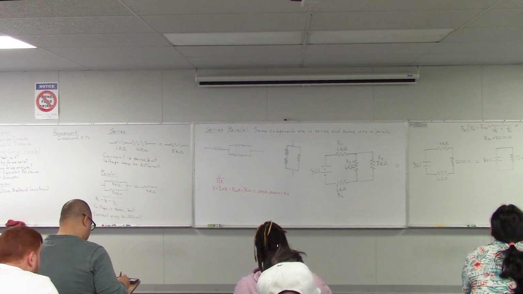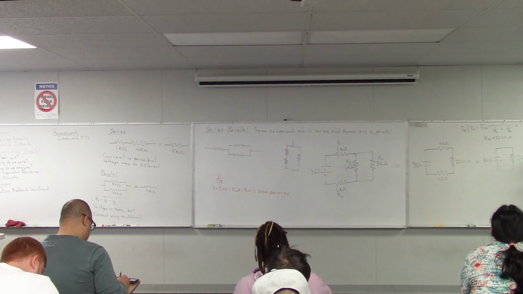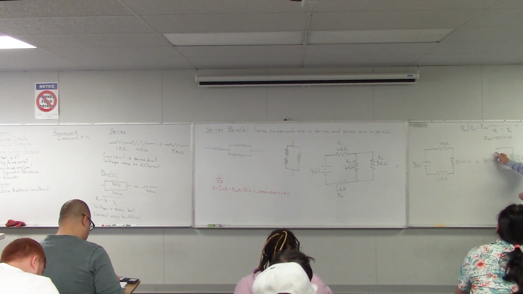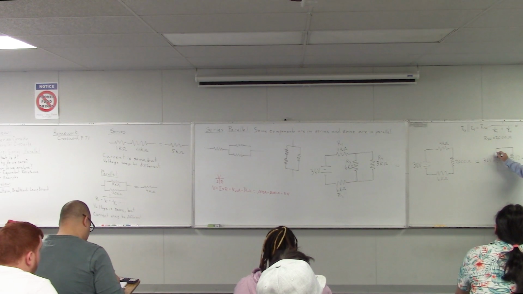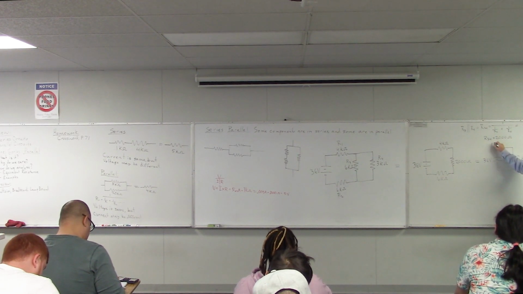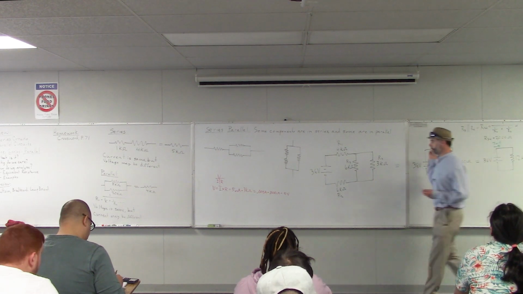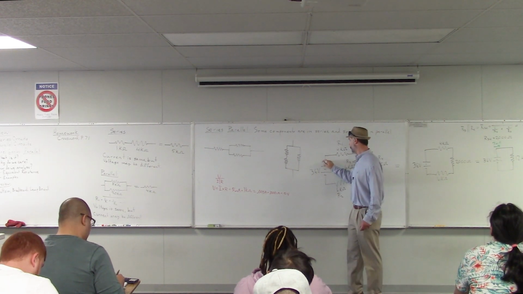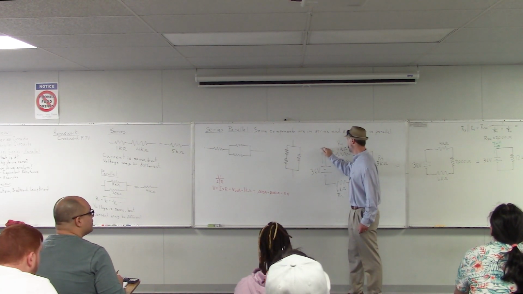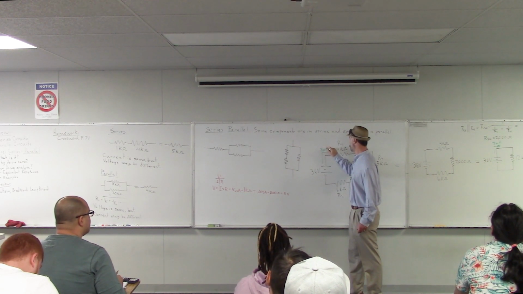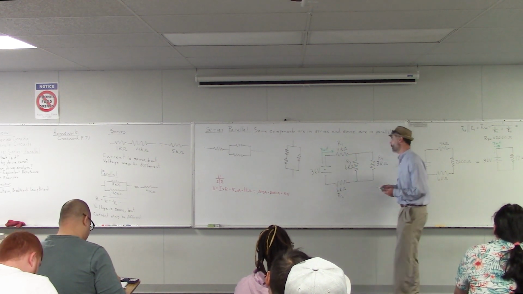Remember, the total current is the current that's flowing out of the power supply. So that's 3 milliamps. And since these circuits are equivalent, that means we have 3 milliamps flowing out of this power supply as well.